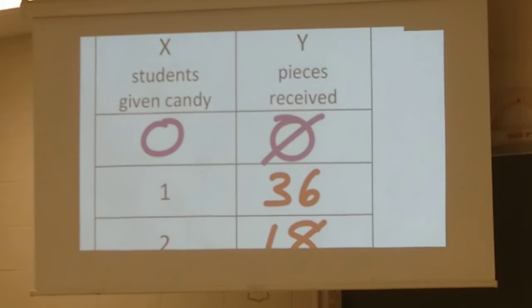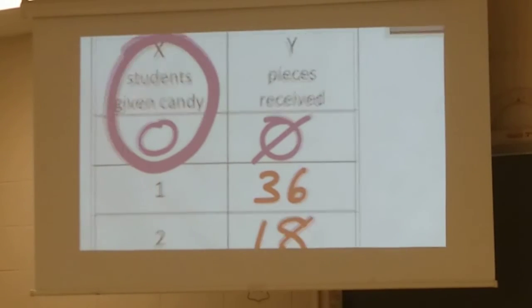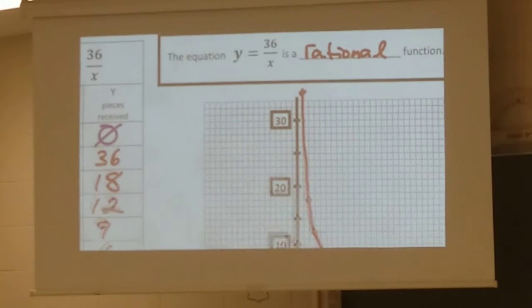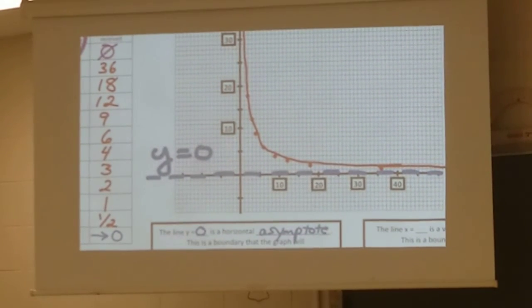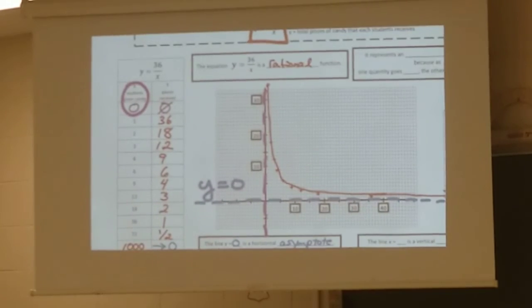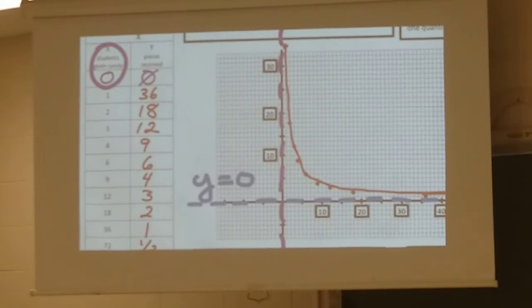Focus on x equaling 0. It's another boundary, but it's a vertical boundary. And I'm going to do my best to denote that with this purple dashed line. Can you see that purple line? I drew a purple dashed line at x equals 0.